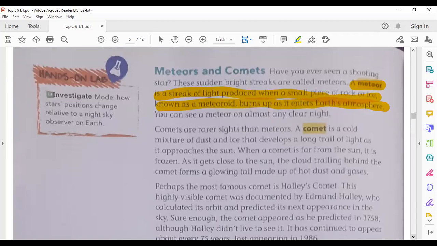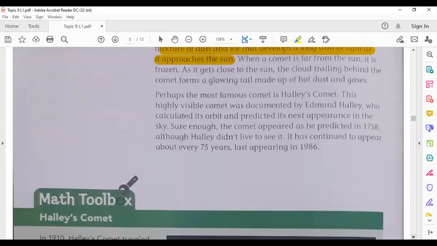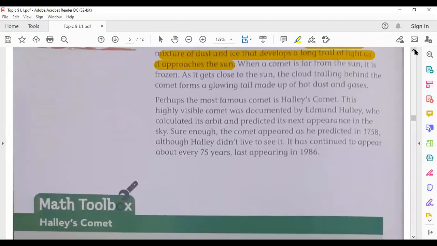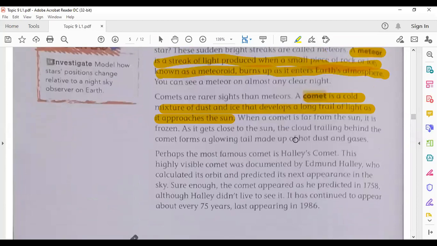Okay, a comet is a cold mixture of dust and ice that develops a long trail of light as it approaches the sun. One of the most famous comets is Halley's comet. These are rarely seen.